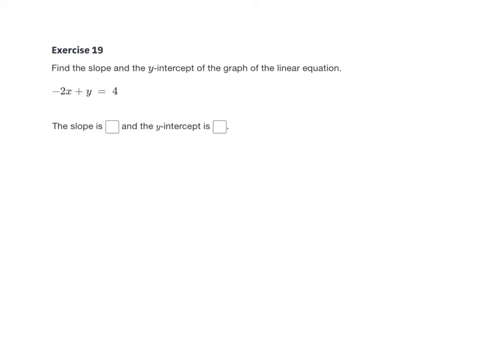This one is a little different. We have to make some modifications to this. We've got -2x plus y is equal to 4. And we need to change this into y equals mx plus b. So what we're going to have to do is take this -2x and move it right in front of this 4. So to do that, how do we get rid of a -2x?